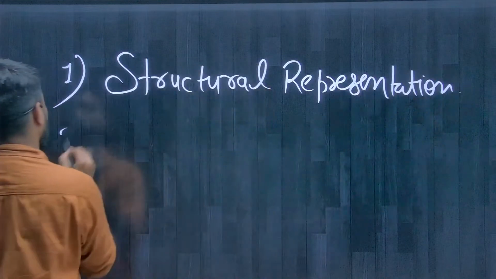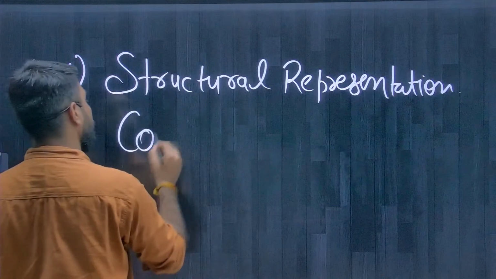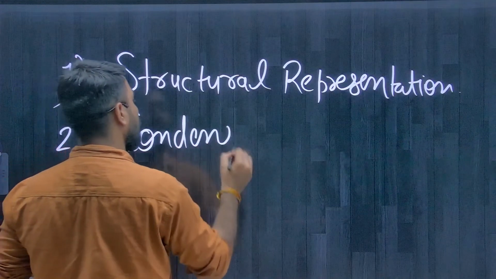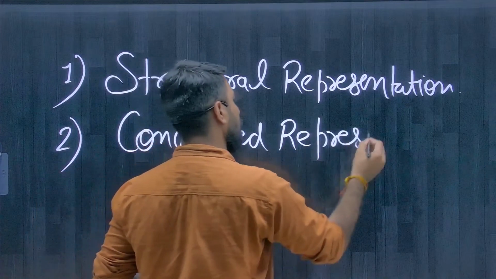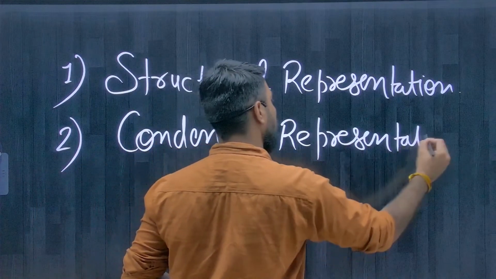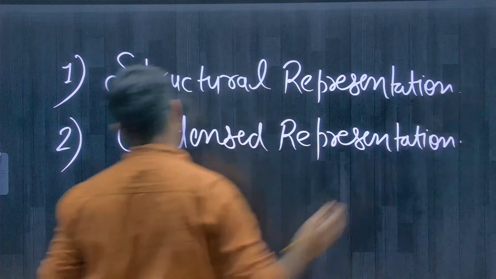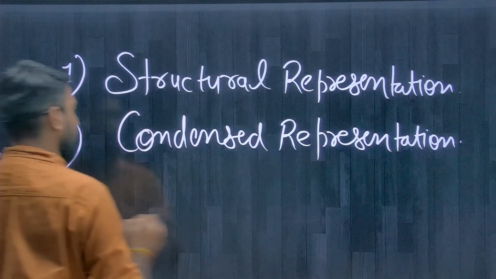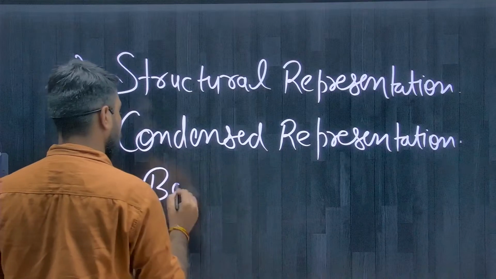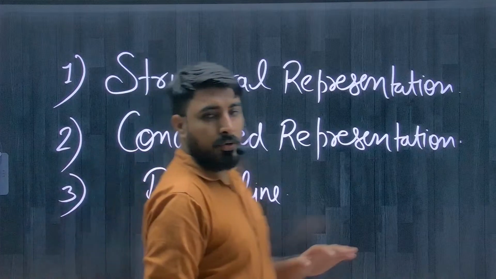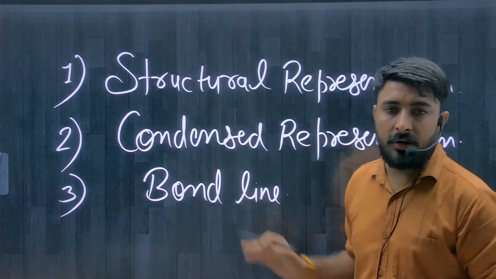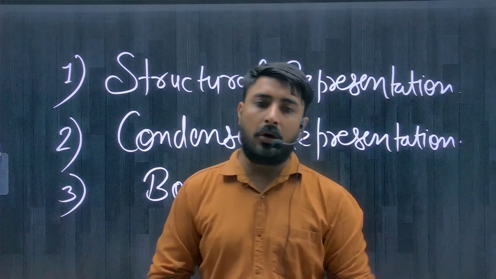Second, condensed representation. And the third one is bond line. For all three representations, we take different examples of organic compounds.